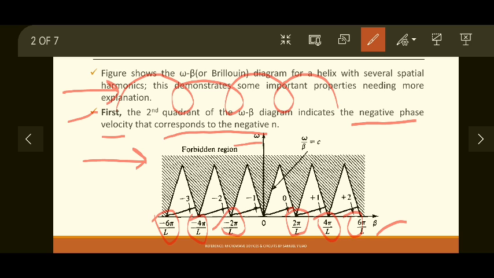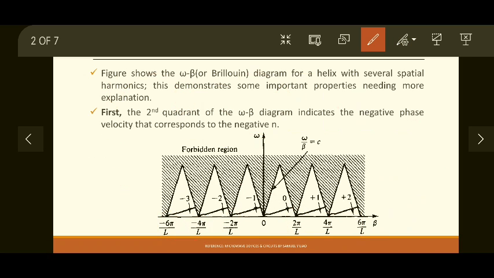That means the phase velocity of this wave will increase or decrease. In some cases it will decrease, in some cases it will increase. For negative harmonics it will decrease, for positive harmonics it will increase. So negative phase velocity indicates negative space harmonics.